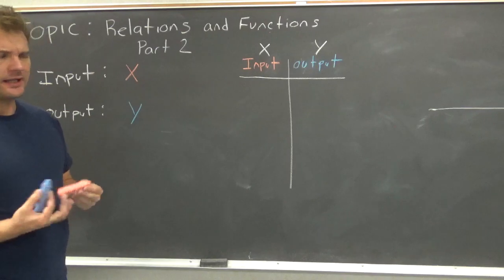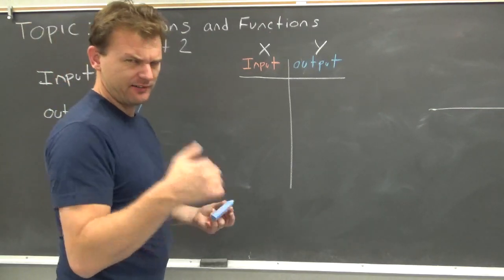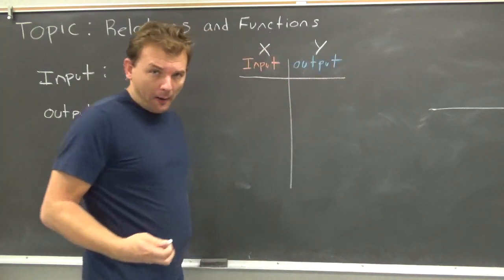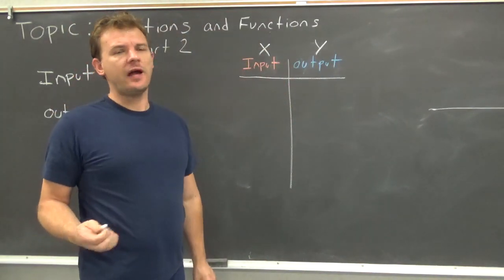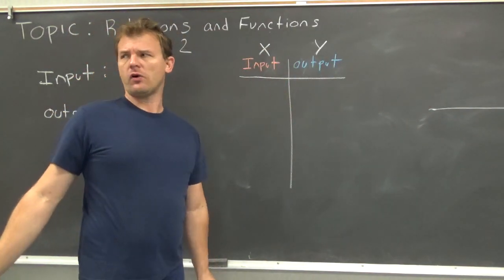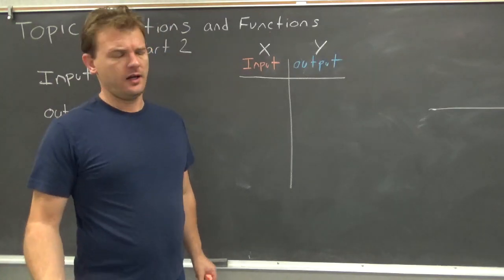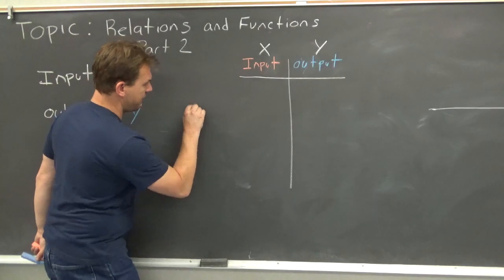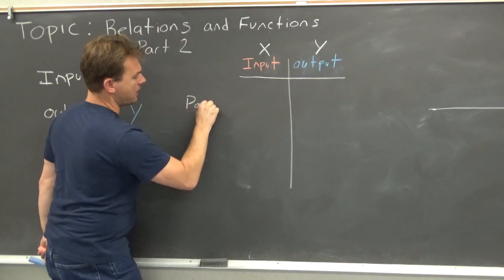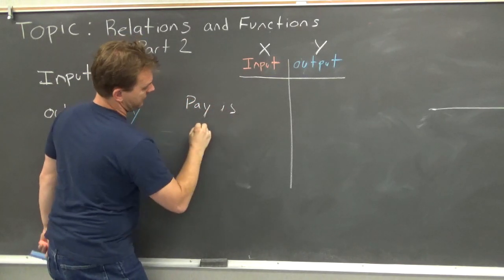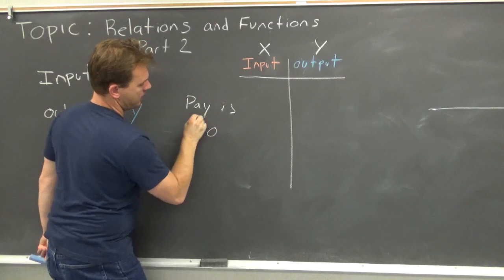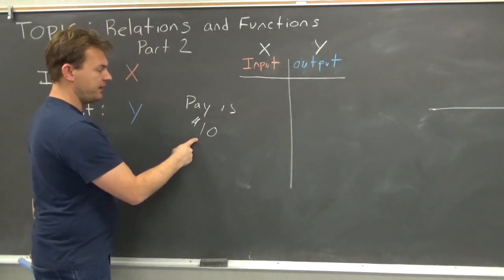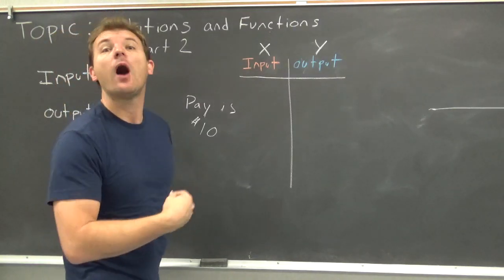So let's make an example out of this. You're working at a job, and let's say you haven't started your job yet, or maybe you haven't started the week. They're paying you, let's say, $10 an hour. Just make the numbers easy for now.